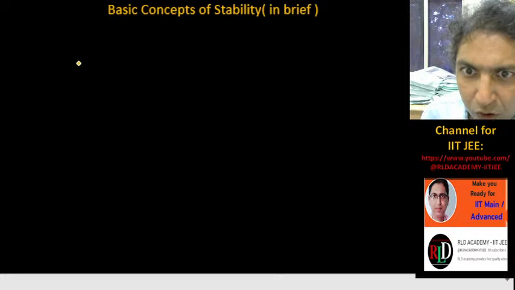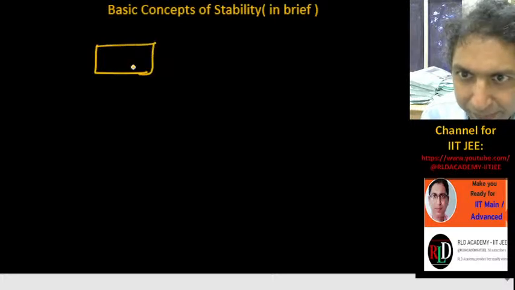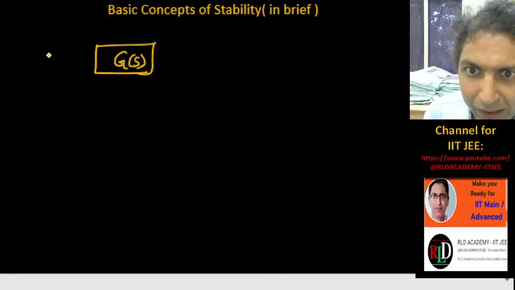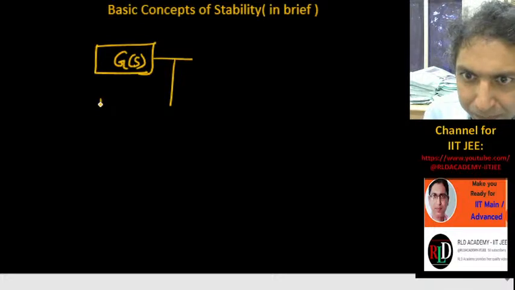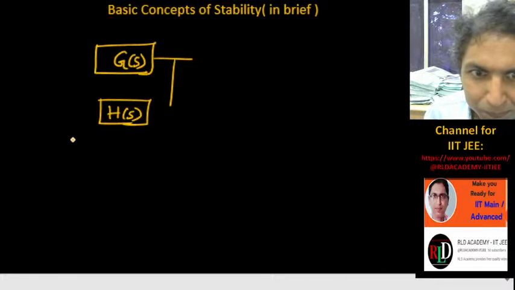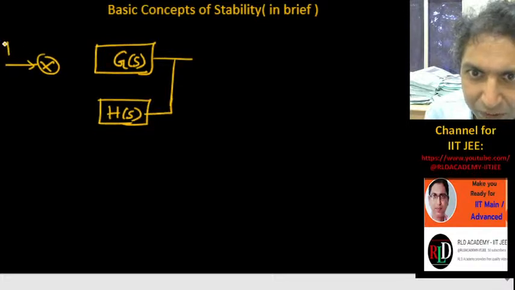So in control system, first we should have one system or plant. That function we will call G of S, and here we can have some feedback mechanism. That function we will call H of S. Generally we will consider negative feedback. So this reference input R of S, all are in Laplace domain, that you understand.